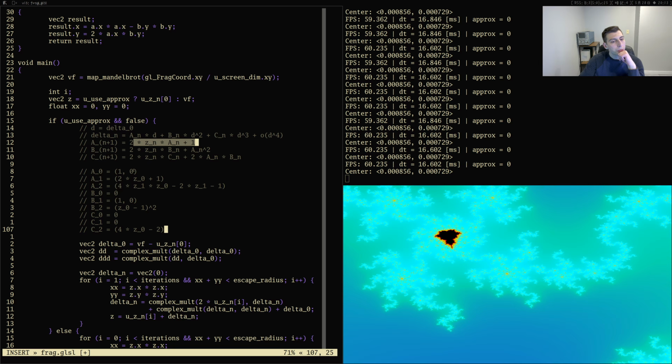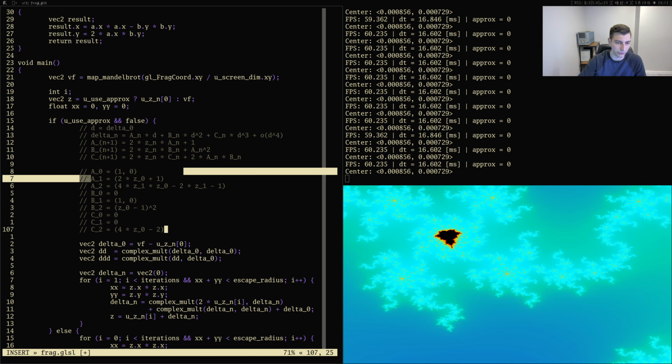An plus 1 should be equal to 2 times zn times an plus 1. So we want to find when n is 0. So this should be 2 times z0 times 1 plus 1. Right, so that follows, which is good. I'm not going to expand this, but just assume that was correct.